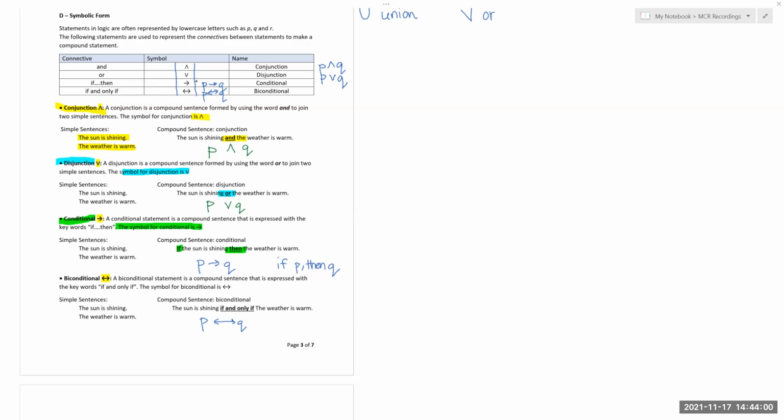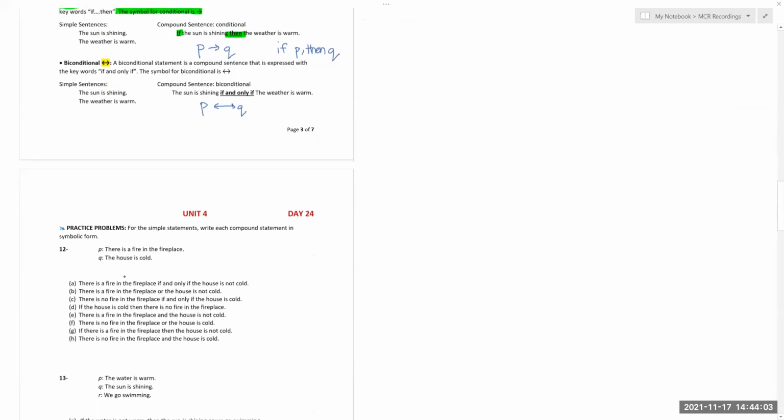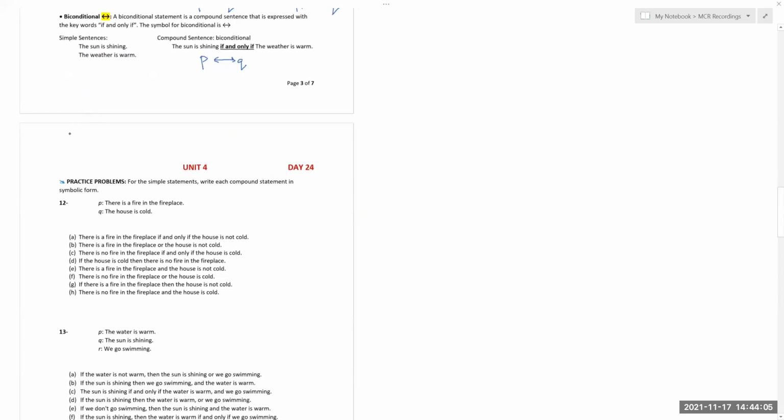Okay. So on the next one, just a refresher, this is and, this is or, if then, this is if and only if, and this is you're not. So what we want to do is down here for the following statements, we want to write each compound statement in symbolic form. So the fire is in the fireplace, the house is cold.